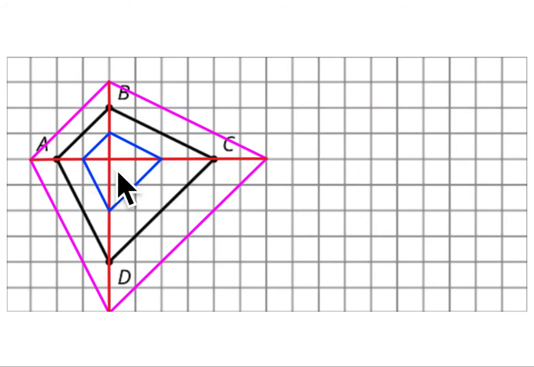If you move out from this center point right here, if you move out, let's go this way. If this is 1/2, this is the whole thing, and this is another half, so this is 3/2. If you go up this way, this is 1/2, this is the whole unit. This is 3/2.